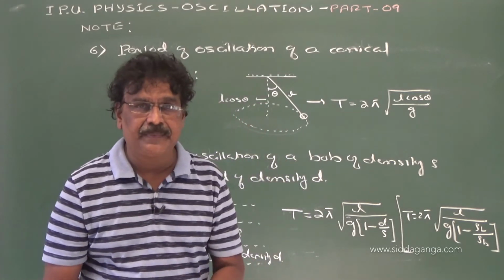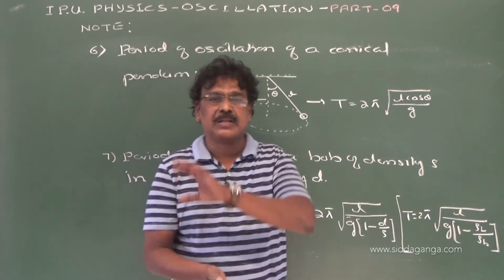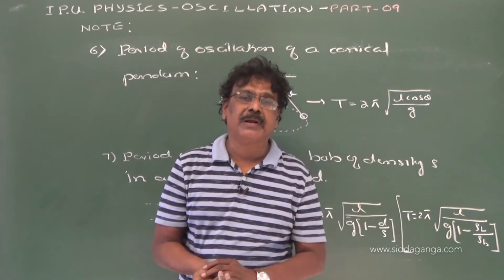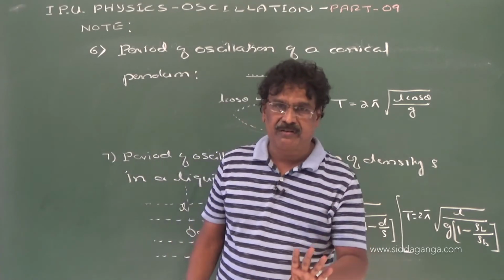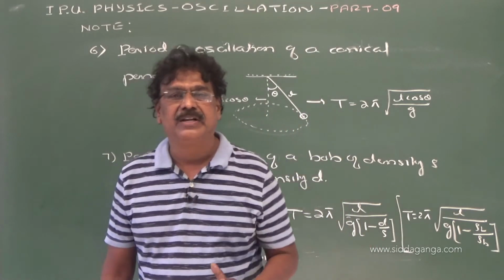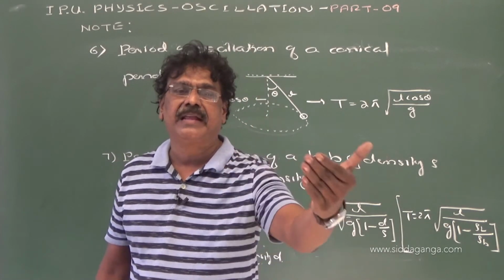Okay, is that clear? So we have completed the discussion about the oscillation of a simple pendulum by finding the derivation of the period of oscillation, and frequency can be obtained straight away by taking the reciprocal of time period.